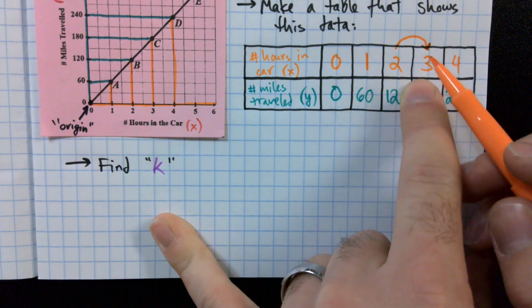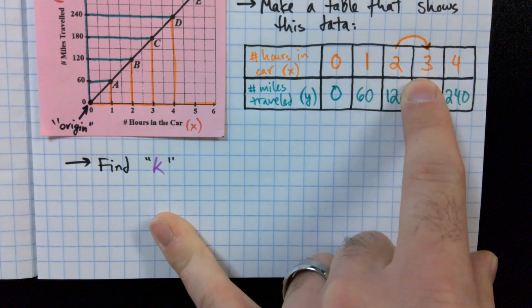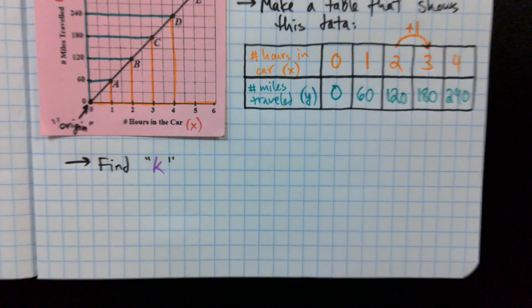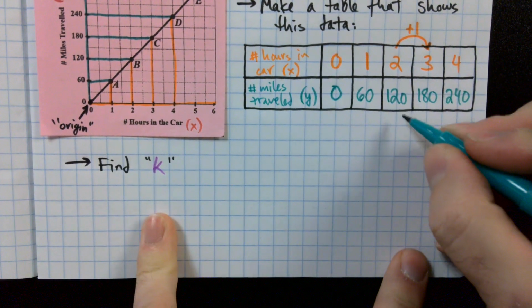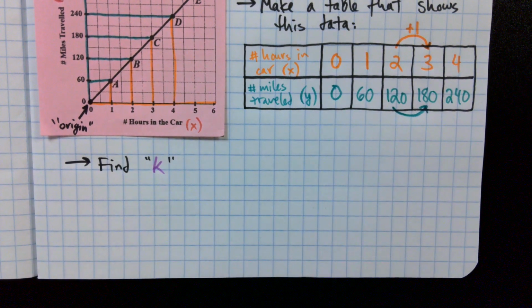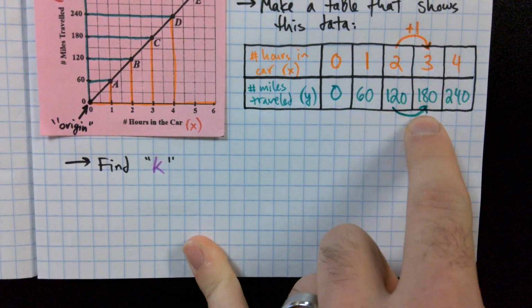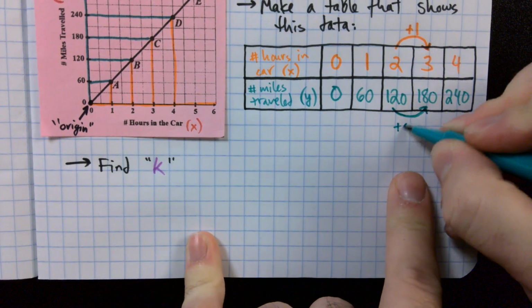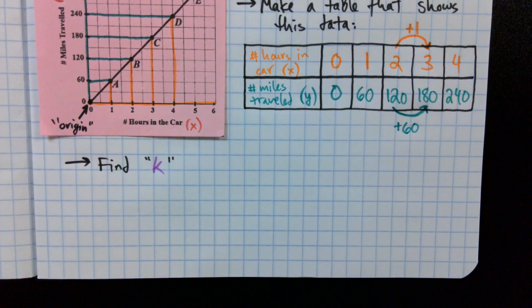What do I need to add to 2 to give me 3? 1, right? So I'm going to write plus 1. And down on the Y's, what do I need to add to 120 to get to 180? 60. So I'm going to write plus 60.